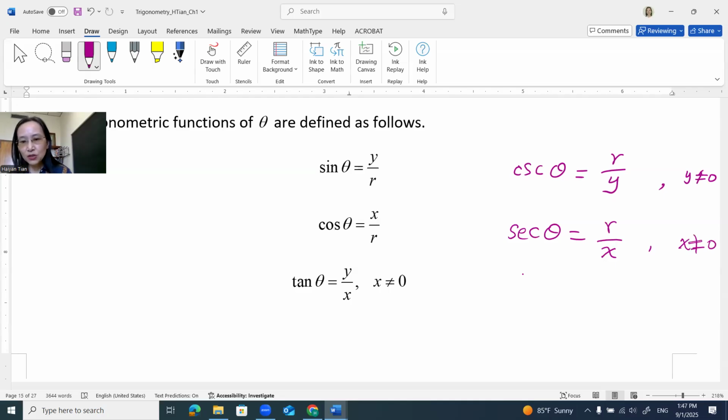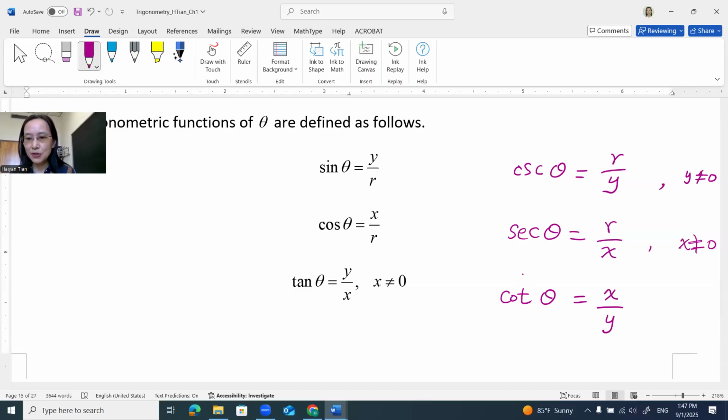One more function, cotangent, abbreviated as cot. The cotangent function for the same theta is the x-coordinate of the point over the y-coordinate of the point P, which is on the terminal side.